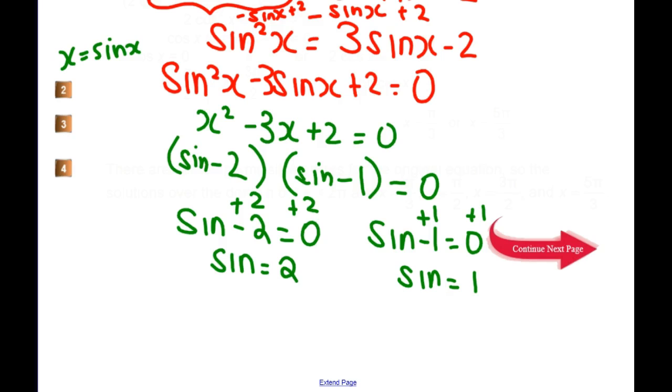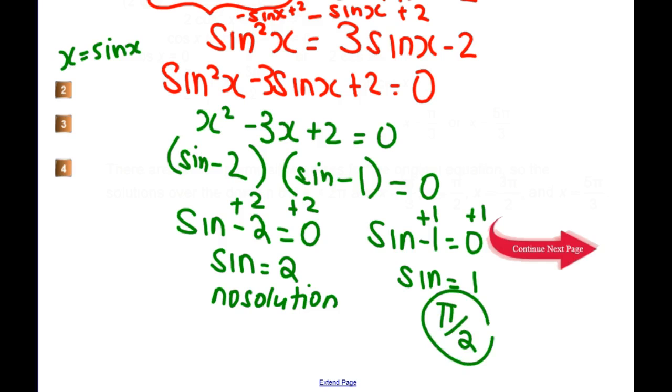Okay, sine is equal to 2 does not fall on our unit circle, right? Our area was from 0 to 2 pi, right? This does not show up, so that's no solution there. Okay, and then sine equals 1 is what on our unit circle? 90 degrees or half a pi. So then that should be our solution.